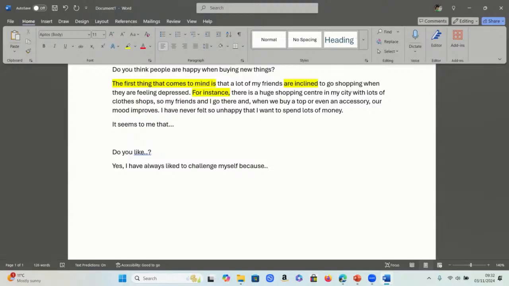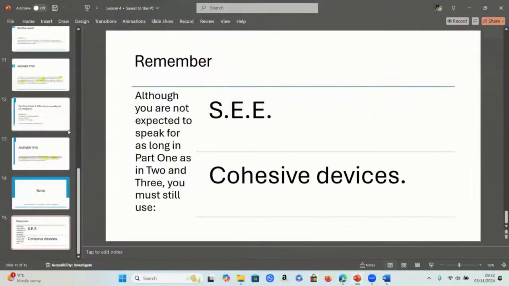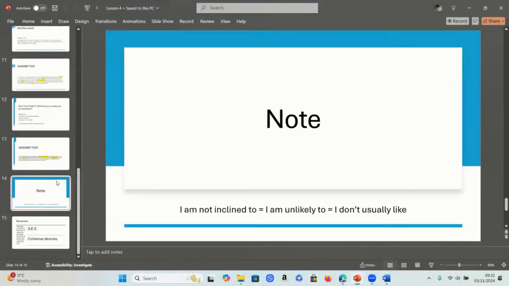Like I said at the beginning, you're looking for these opportunities. Now, you could say other things. You could say it better: I have always been inclined to challenge myself due to the fact that... It's the same thing, but the words are better. What was that other expression I said earlier? I'm unlikely to. Oh, right, I am not inclined.